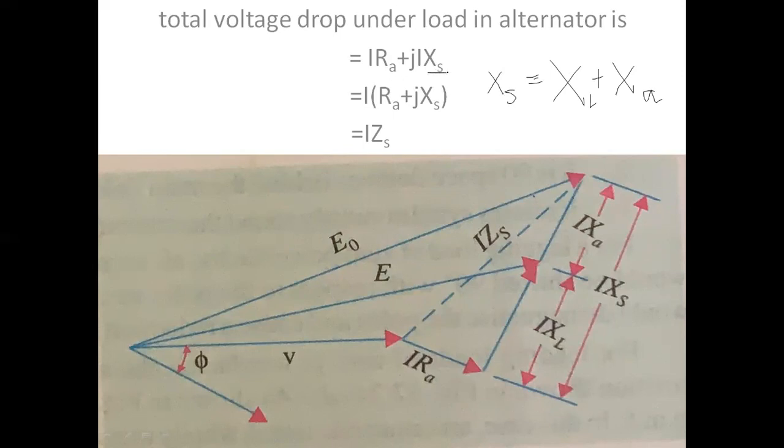Again, IXS can be written as IXL plus IXA, right? So simply I am taking I common: I into RA plus J into XS, and RA plus JXS is nothing but impedance ZS. So this ZS is called the synchronous impedance of the armature.